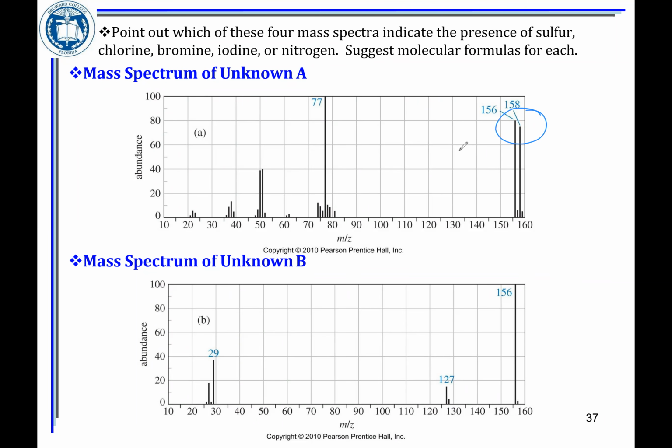For compound B, what do you expect? There's a huge gap between the 29 and then 156. That gap of 127 would indicate that compound B contains iodine, right?